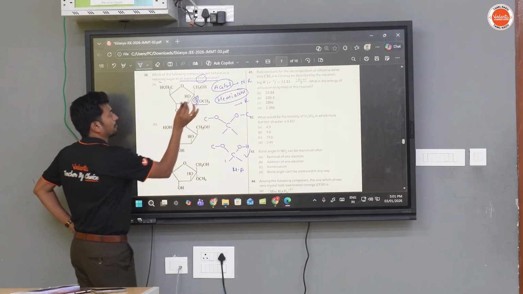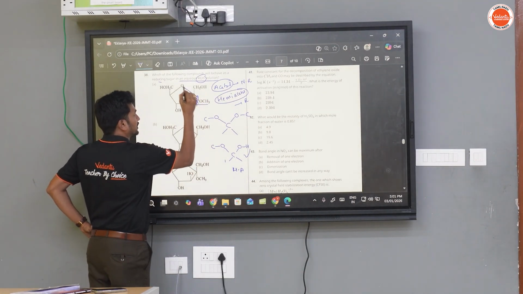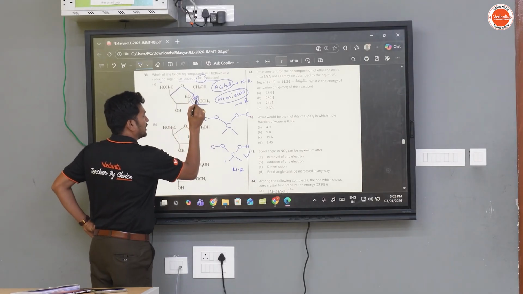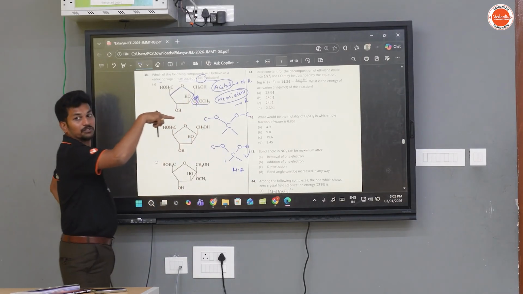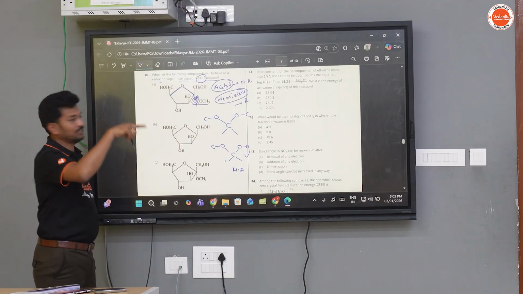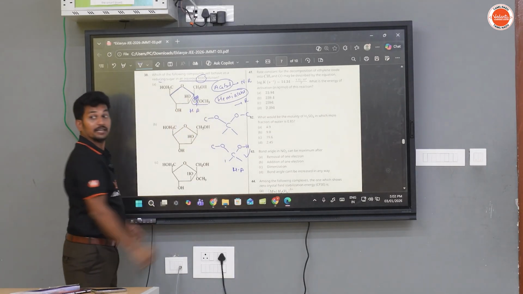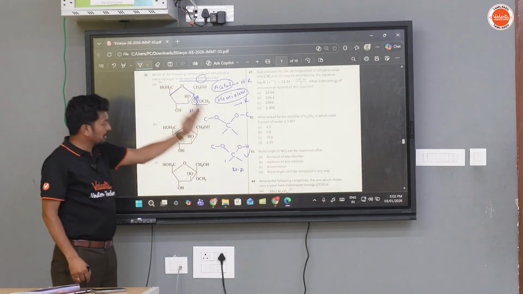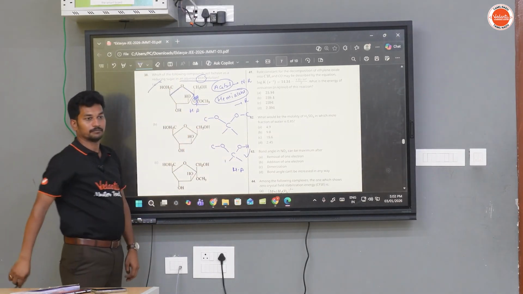If you look at this carbon, the anomeric carbon as we call it in sugar, this carbon is directly attached to oxygen, this oxygen is attached to carbon, but this oxygen is attached to hydrogen. So in alkali aqueous solution, this would become the hemiacetal form. As it becomes this kind of form, it will be a reducing sugar.